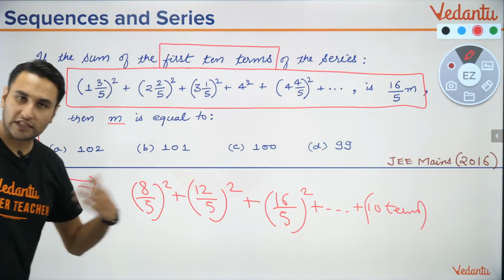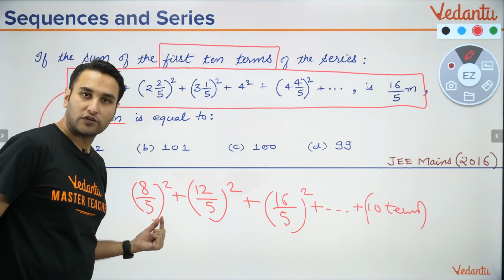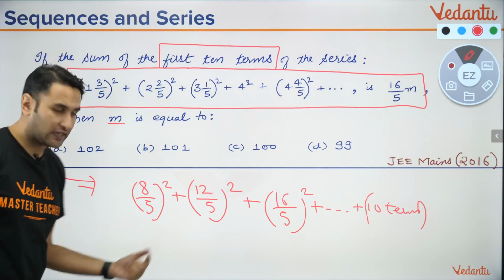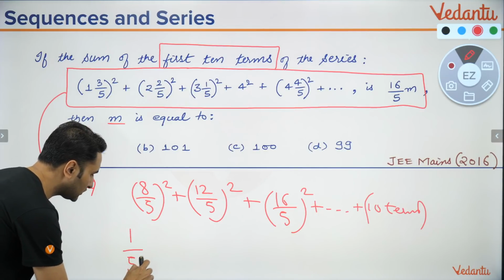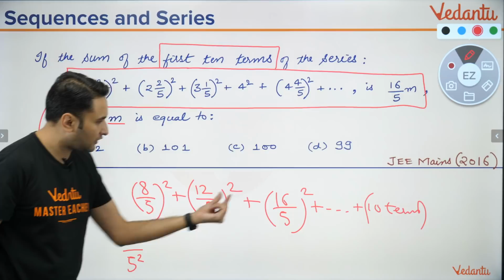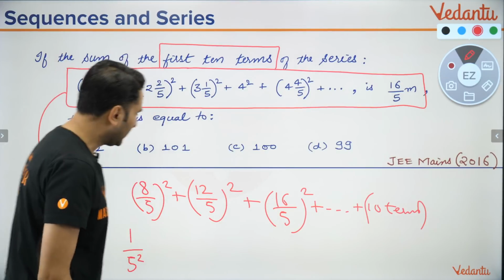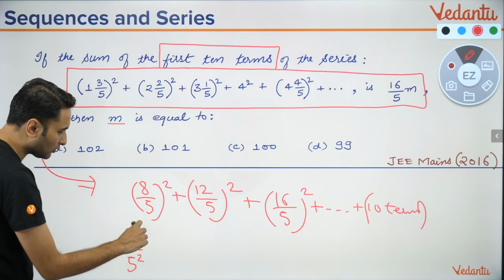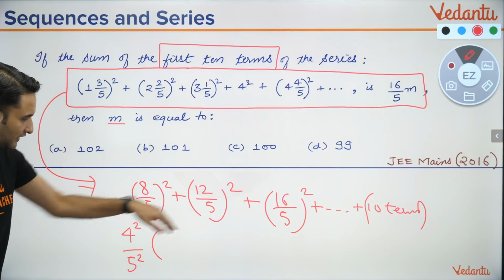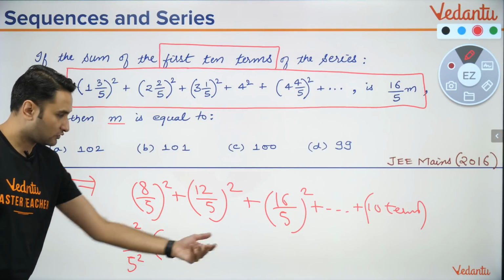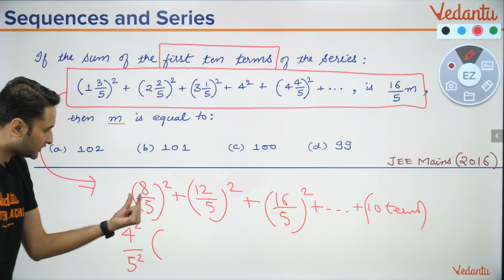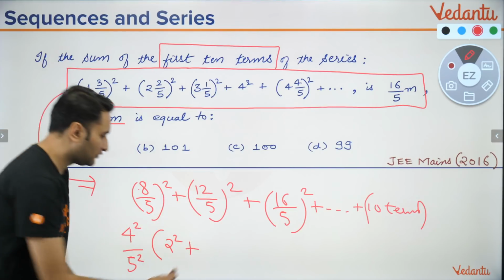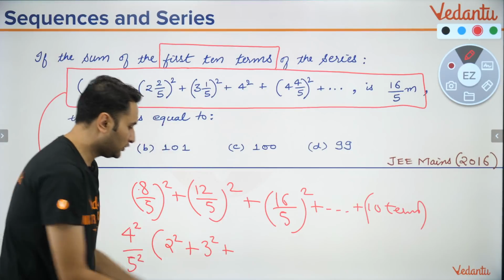अच्छा, now try to keep simplifying things. Can you take something common outside बच्चों? 1/5 square तो common आ जाएगा. Can I take 1/5 square common outside? Yes, you can. अच्छा, what is 4, 12, 16? These are multiples of 4. So this is 4 into 2, 4 into 3, 4 into 4. So can I take 4 square also common outside? So if I take 5 square common from the denominator, तो denominator तो गया. 4 square common outside, बचेगा कितना बच्चों? 2 square, 4 into 3 is 12, 3 square, 4 into 4.